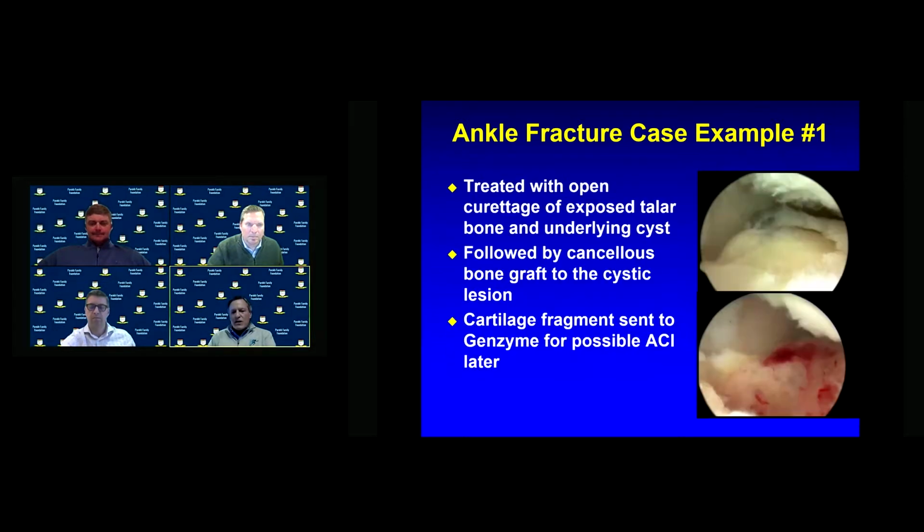We ended up treating this with a cancellous bone graft to the cystic area. The cartilage fragment we sent to Genzyme in case we might need to do an ACI on him later.